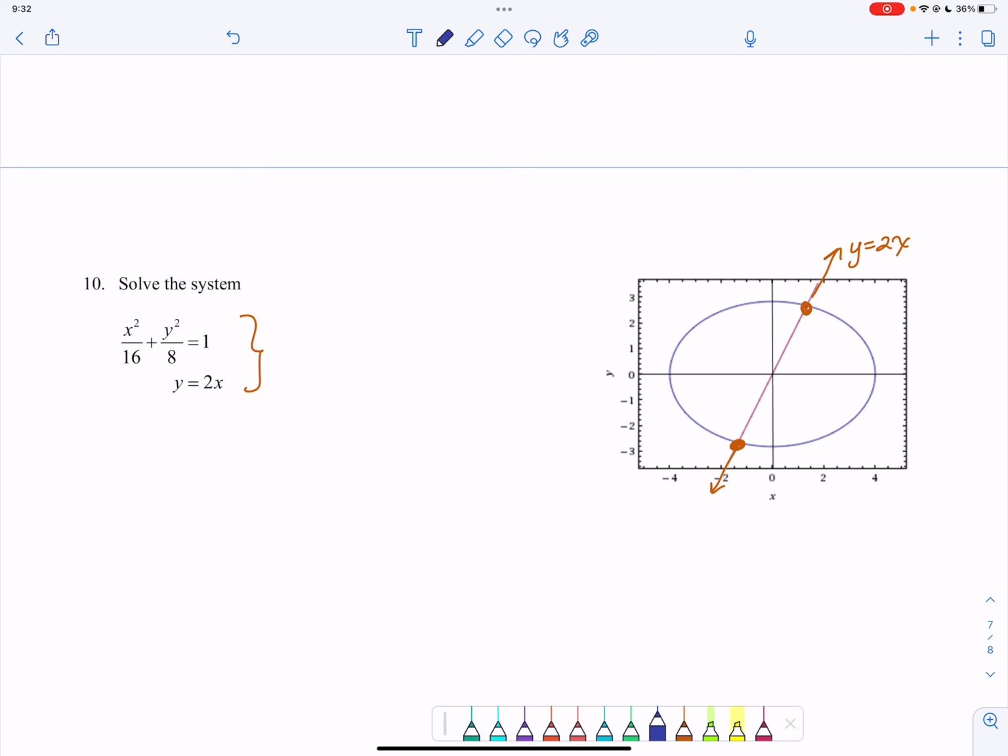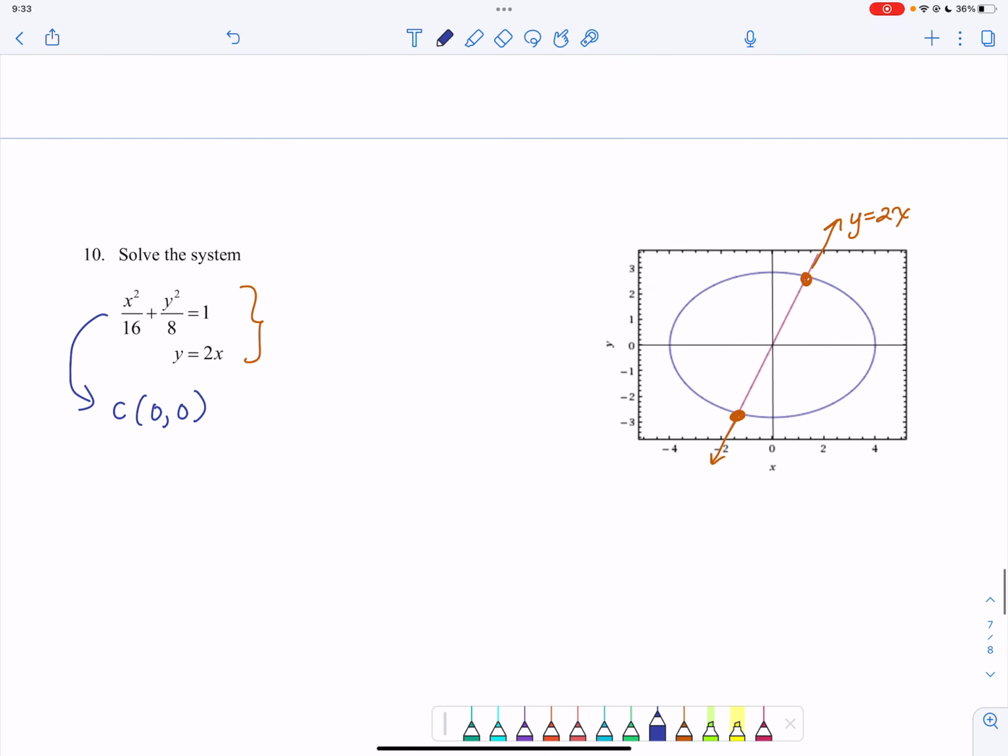Now, this ellipse is centered at the origin, and as you can see, a squared is equal to 16, and we do have a horizontal axis.